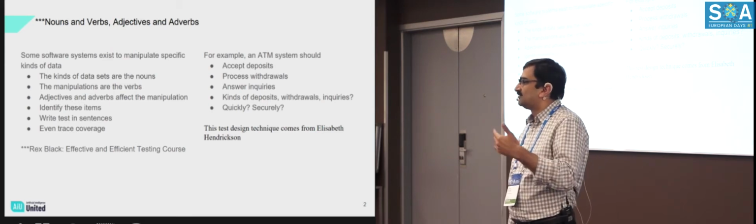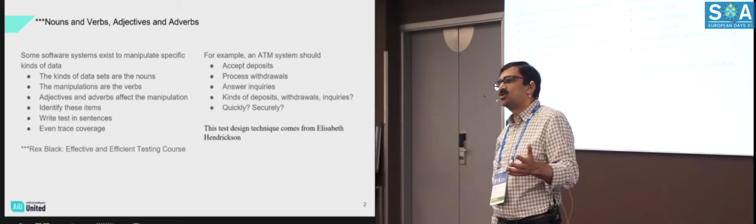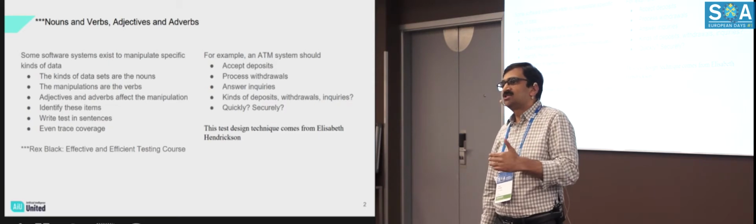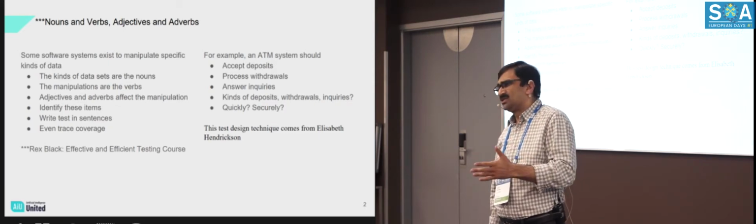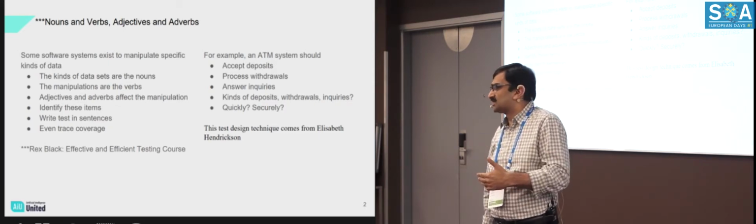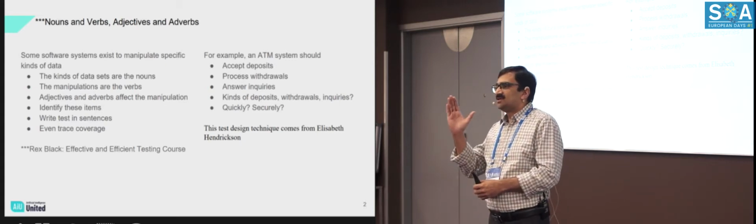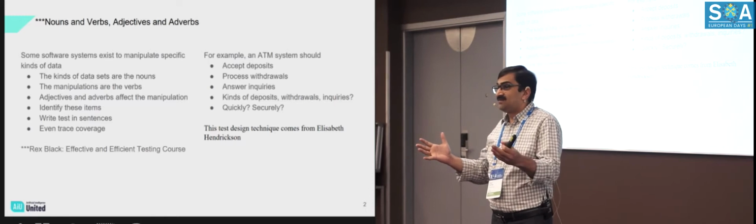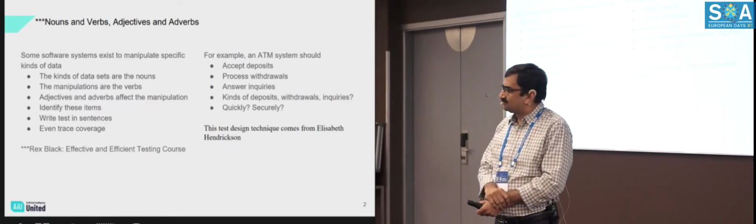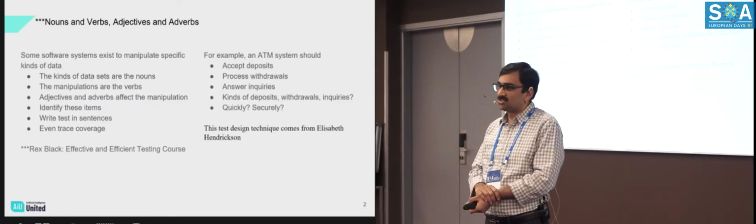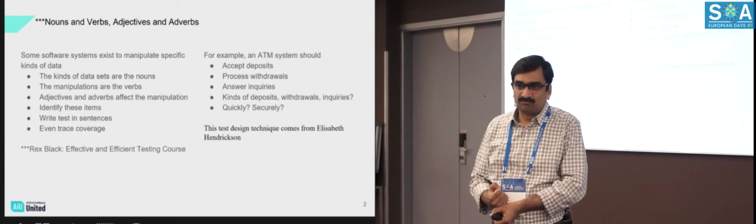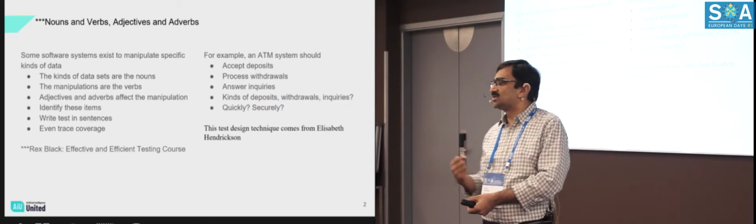People were struggling with OO, and structured programming used to be done. C++ had come in, a few other languages; Java wasn't even there at that point in time. And then somebody asked, how do I identify the classes and the objects? This is a problem in object orientation: when I'm doing design, where do I get my classes from? What are the methods that should be associated with the classes?